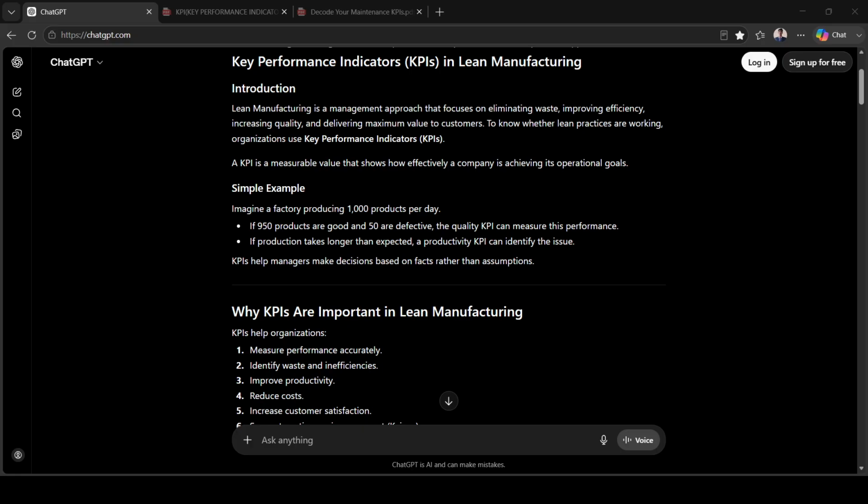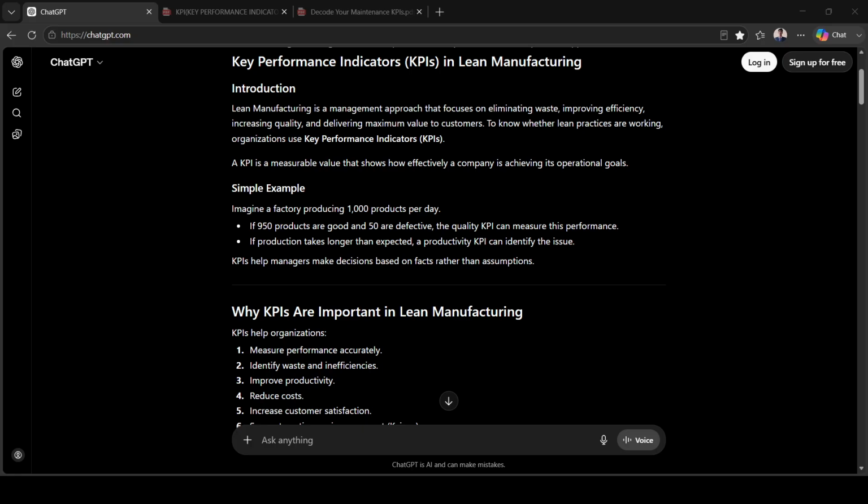Today we are going to discuss an important topic in lean manufacturing: KPI, which stands for Key Performance Indicator. A KPI is a measurable value that helps organizations track their performance and determine whether they are achieving their goals.